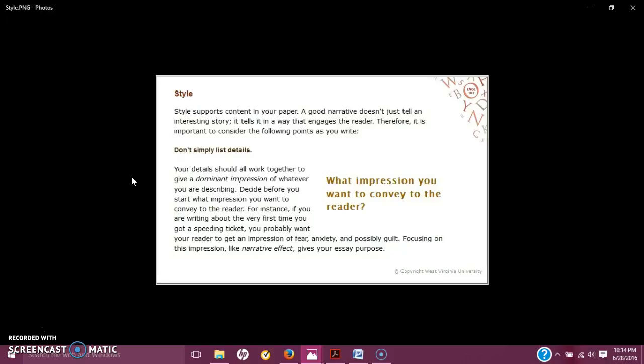Things like gonna, G-O-N-N-A, or, as I mentioned in a video earlier, one student said so, and he spelled it with a lot of O's to emphasize the exaggerated nature. Okay, so this here, it says don't simply list ideas or list details.